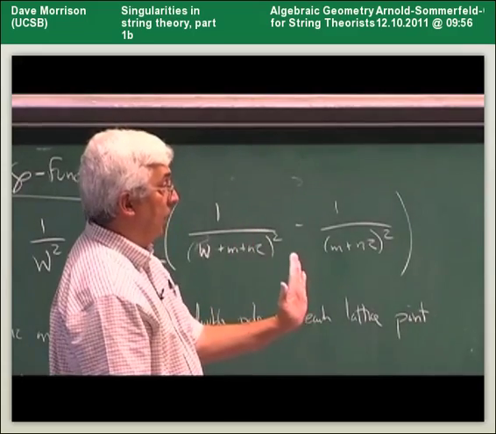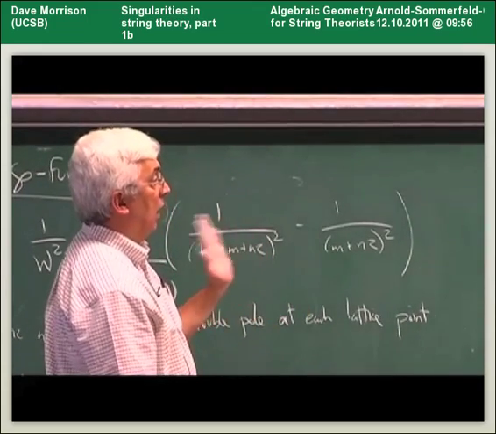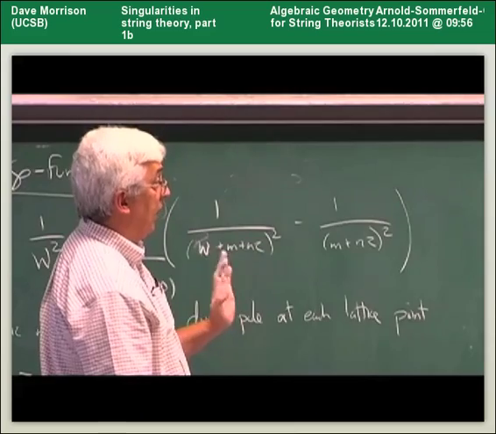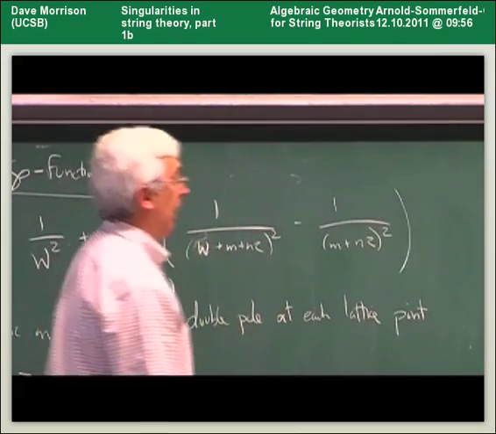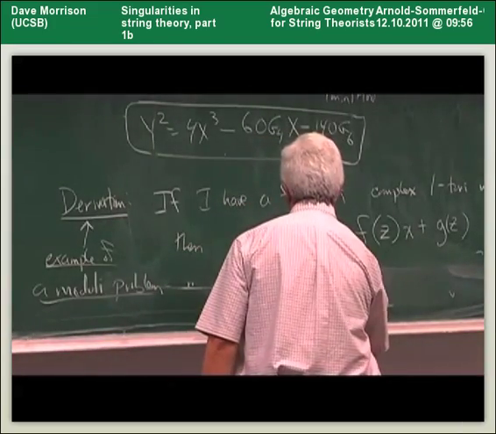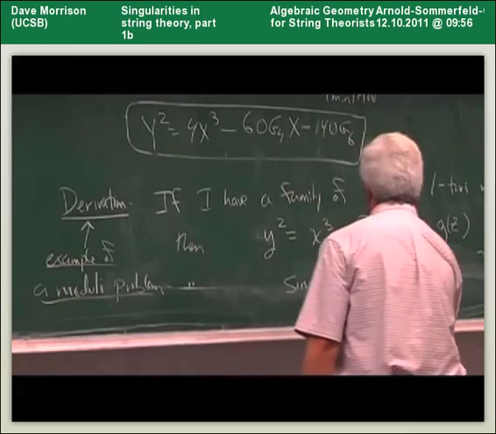Well, for certain values of z, f of z and g of z, excuse me, I get singularities in this family of curves. So this is now a one-parameter family of curves, and I get singularities for special z values.